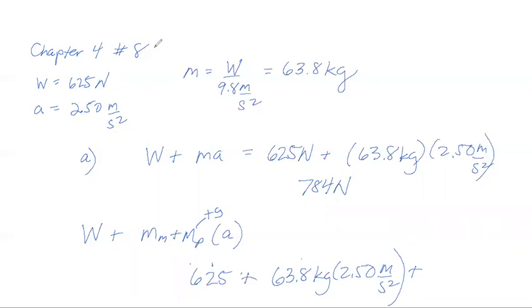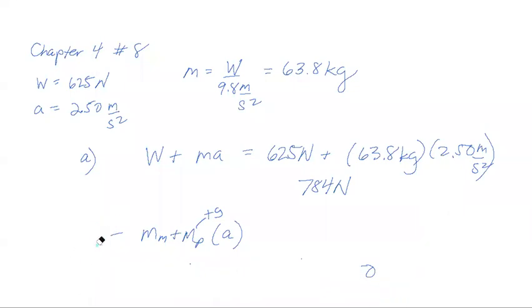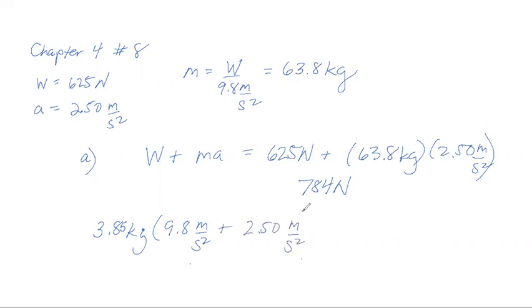Let me erase that. I just want to know the tension in the string of the package, so I don't need my weight. I'm holding the package by a string, so let me revamp that. That's going to be 3.85 kg times 9.8 meters per second squared, plus that 2.50 meters per second squared.